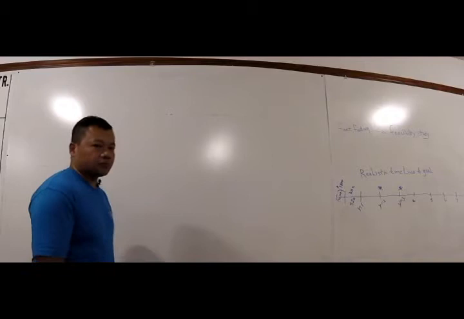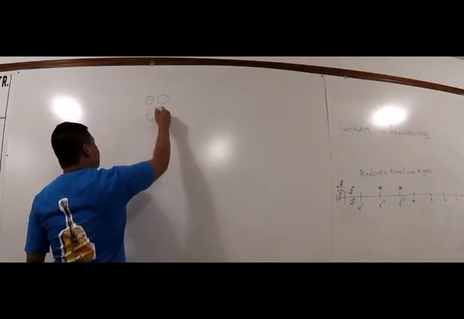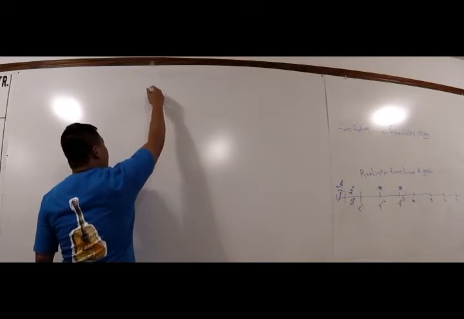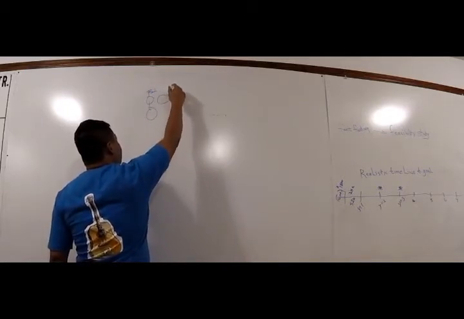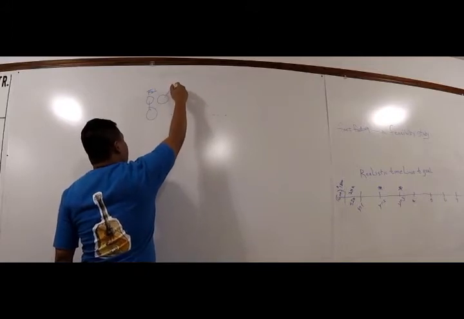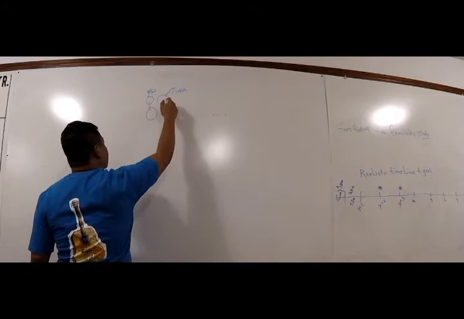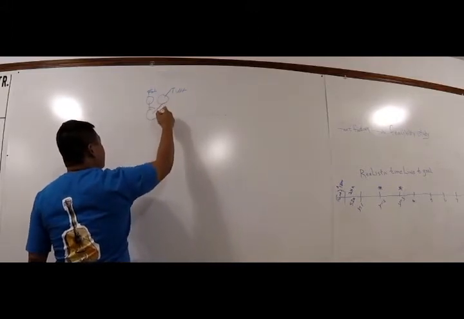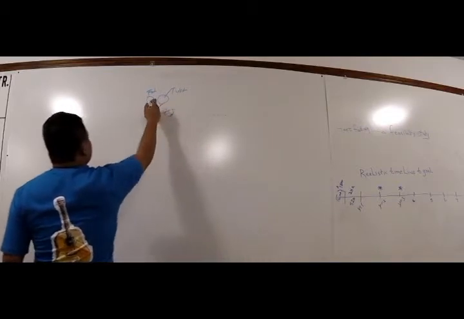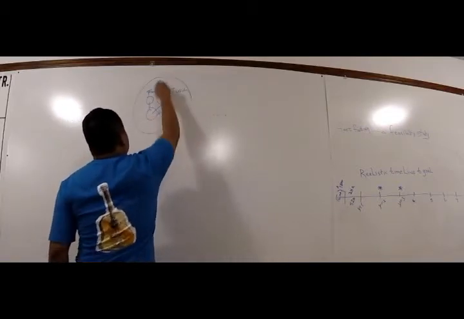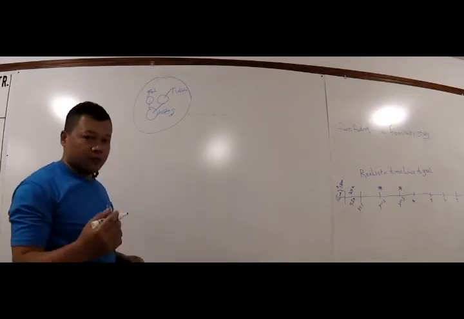So these are the bubbles of your social media. This is Facebook, and this is Twitter, and this is Instagram. And so this bubble is called social media. People use the social media.